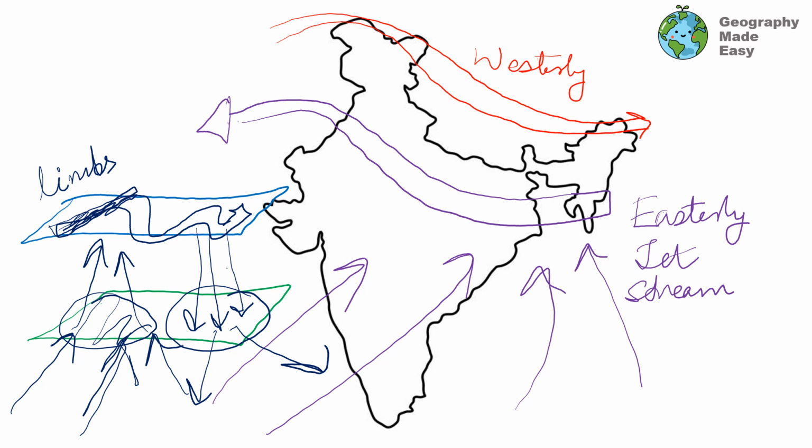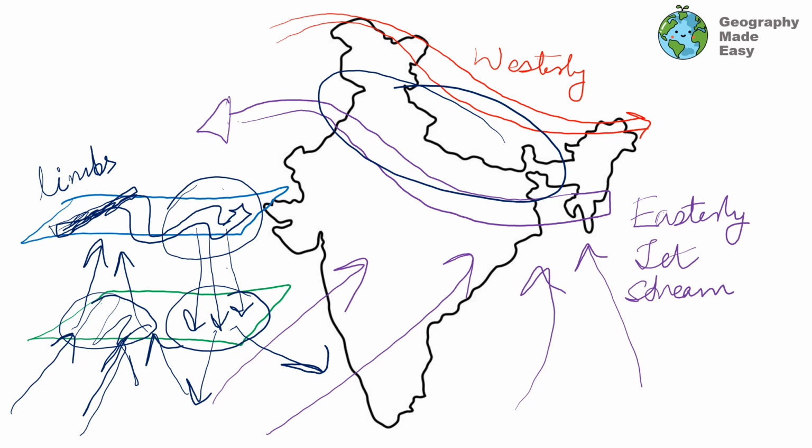So the westerly jet stream is a jet stream limb which behaves in this manner, which creates the high pressure zone. High pressure is created when we have excess air, usually cold air. So in the winter months we have the westerly jet stream which creates high pressure over the Tibetan plateau, which we have seen when we were discussing the seasons.